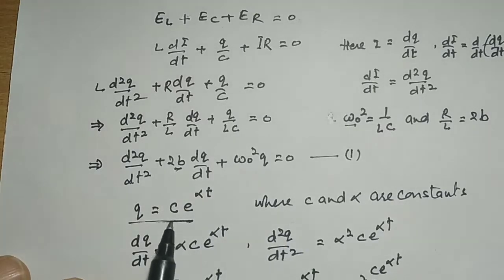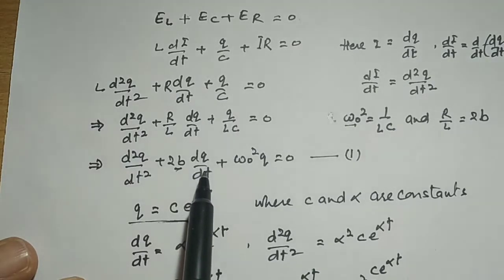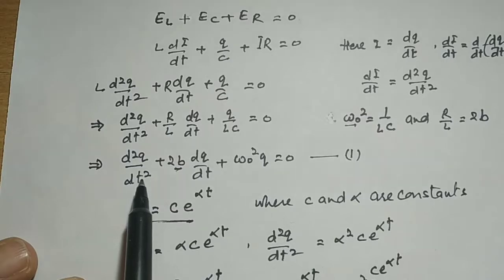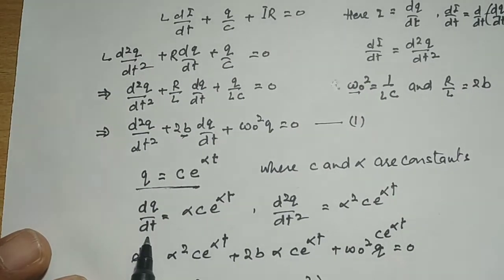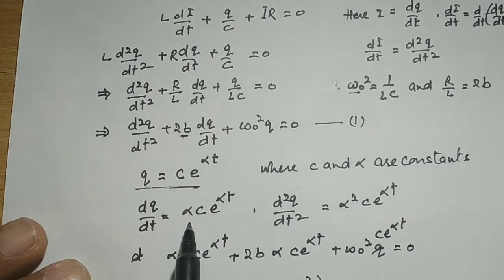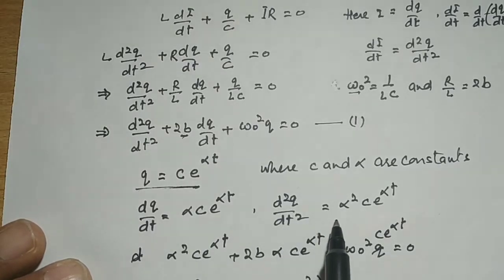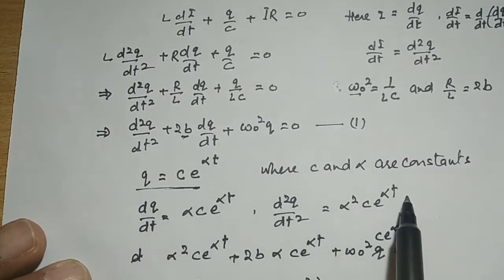To put this value here, we need the differentiation of q and the double differentiation of q. Let us find firstly dq by dt, which gives me alpha c e^(alpha t), because this alpha will come down here. d2q by dt square will give you one more alpha, alpha square c e^(alpha t).